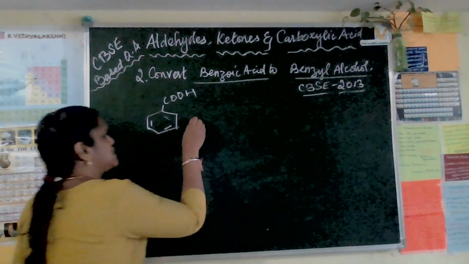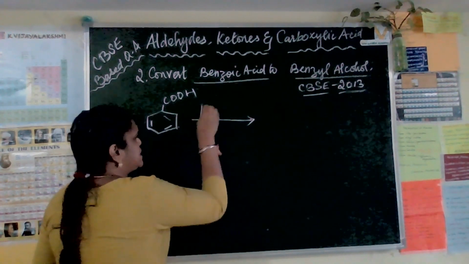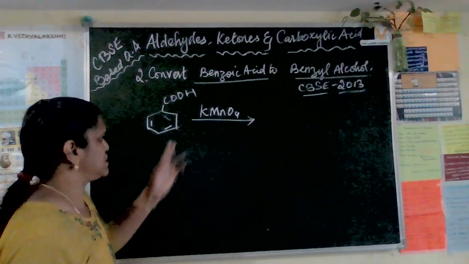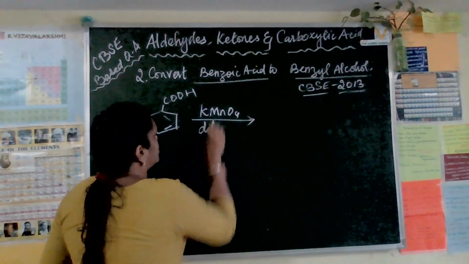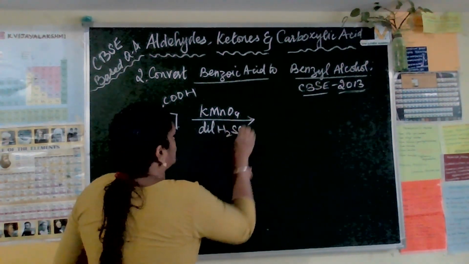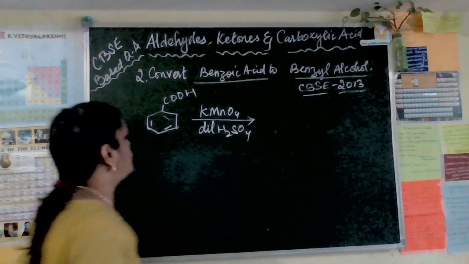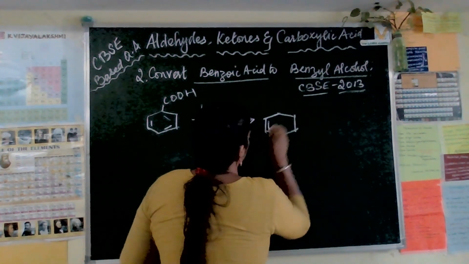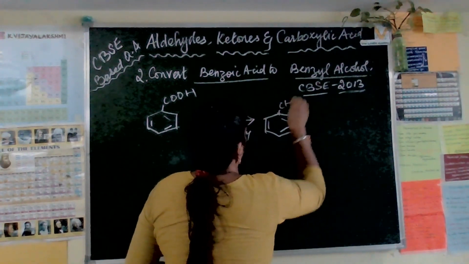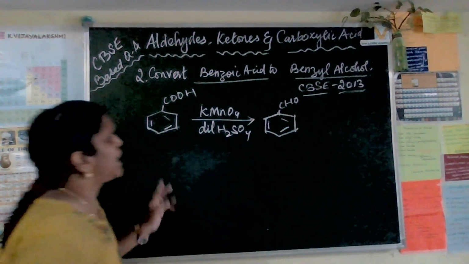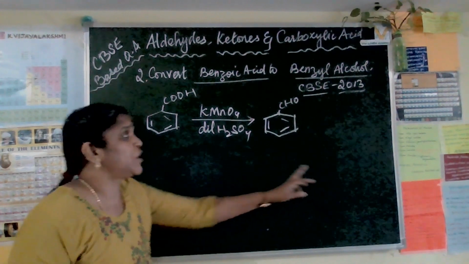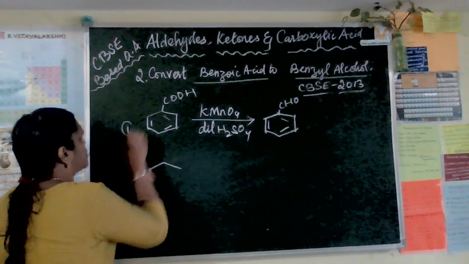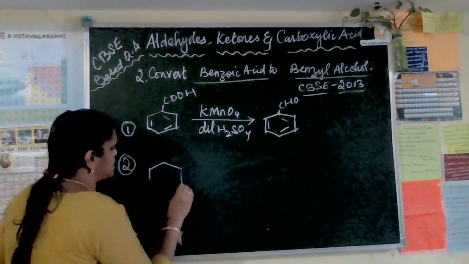Benzoic acid in the presence of an oxidizing agent, KMnO4 or any oxidizing agent you can take, and dilute H2SO4, you will get benzaldehyde, CHO. Now you have to get benzyl alcohol. So benzaldehyde, this is the first reaction, and the second reaction takes place.